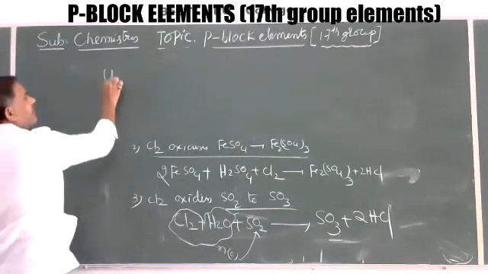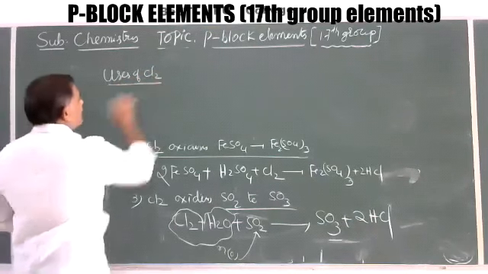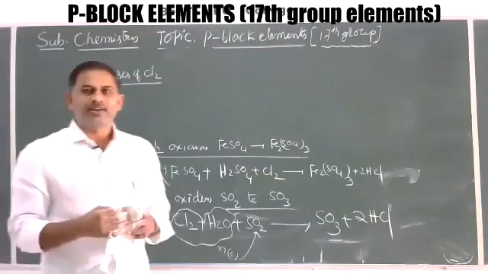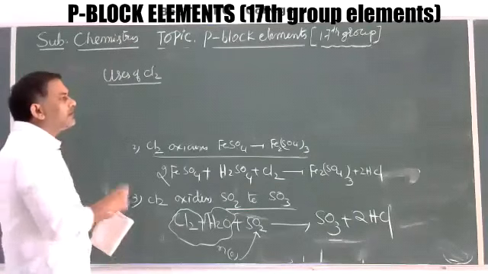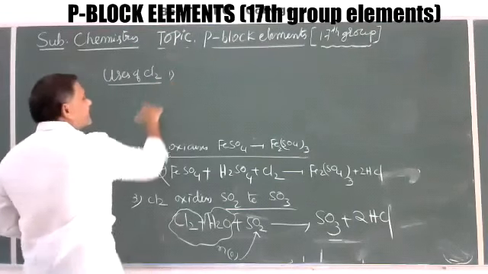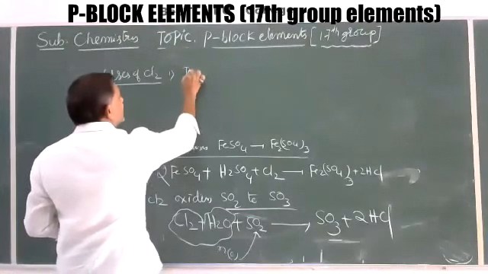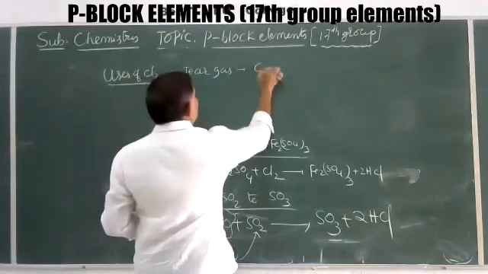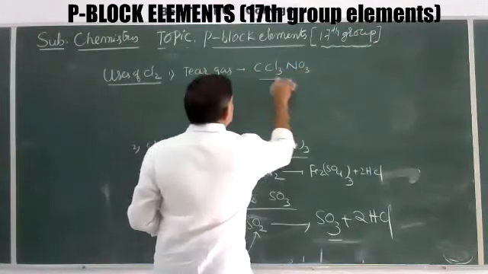See here, uses of Cl2, chlorine. So many different uses are there industrially and in organic chemistry in hydrocarbons. For example, the main important preparation of tear gas, that is CCl3NO2, this is tear gas.